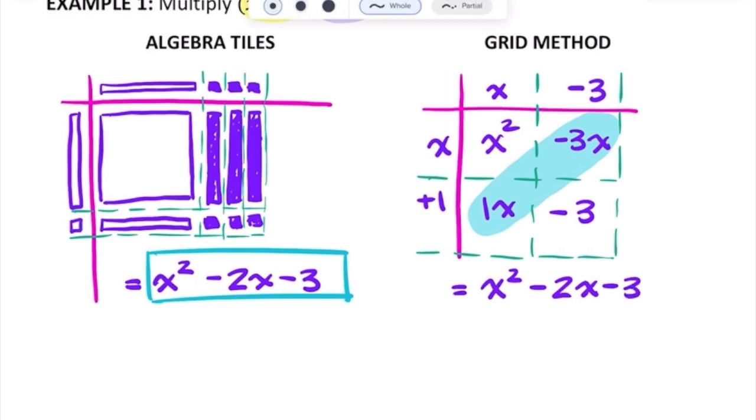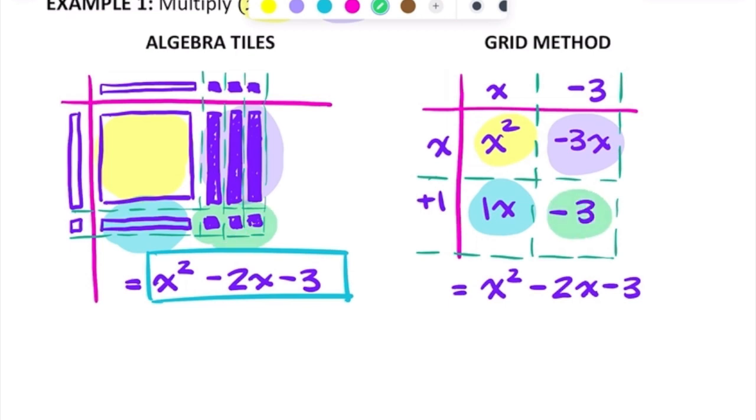Now, of course, I'm not very surprised that these end up being the exact same thing, because they're just two different methods. And I'll notice that this x squared and this x squared, this negative 3x, this negative 3x, the positive x, and the negative 3 and the negative 3 end up actually being in the same spots because they're just different representations of the exact same thing.